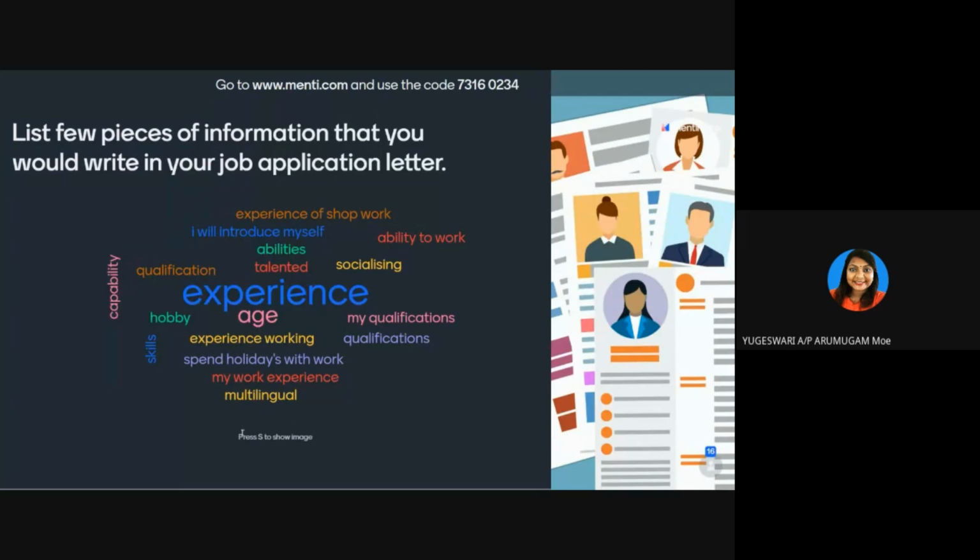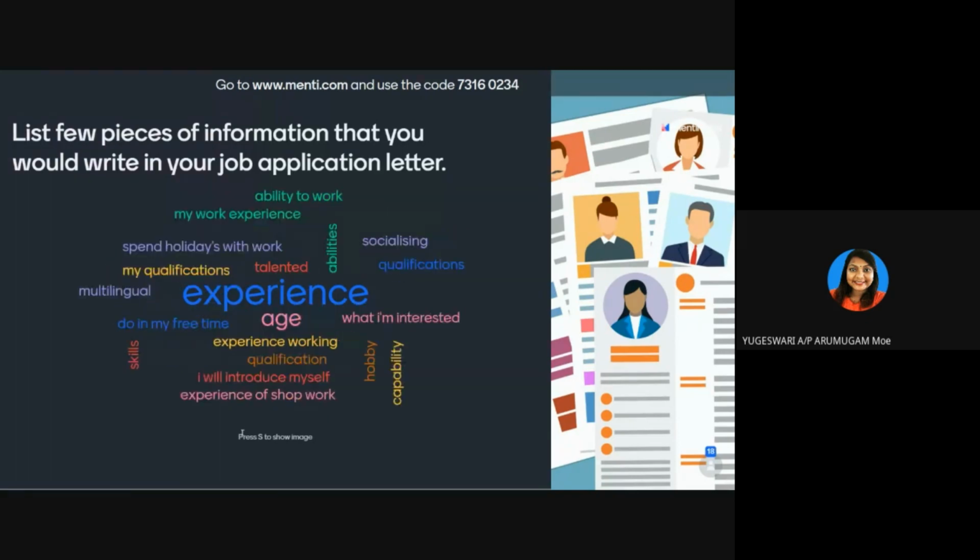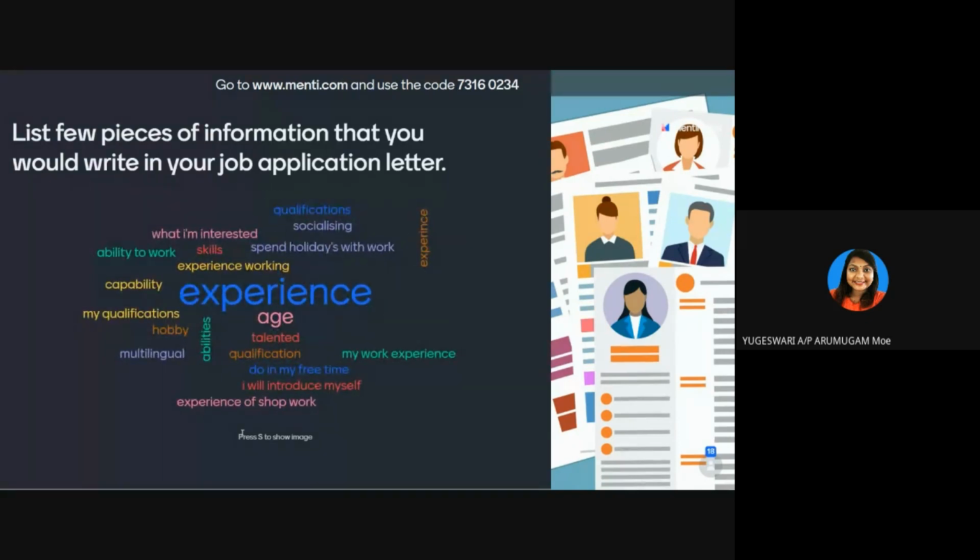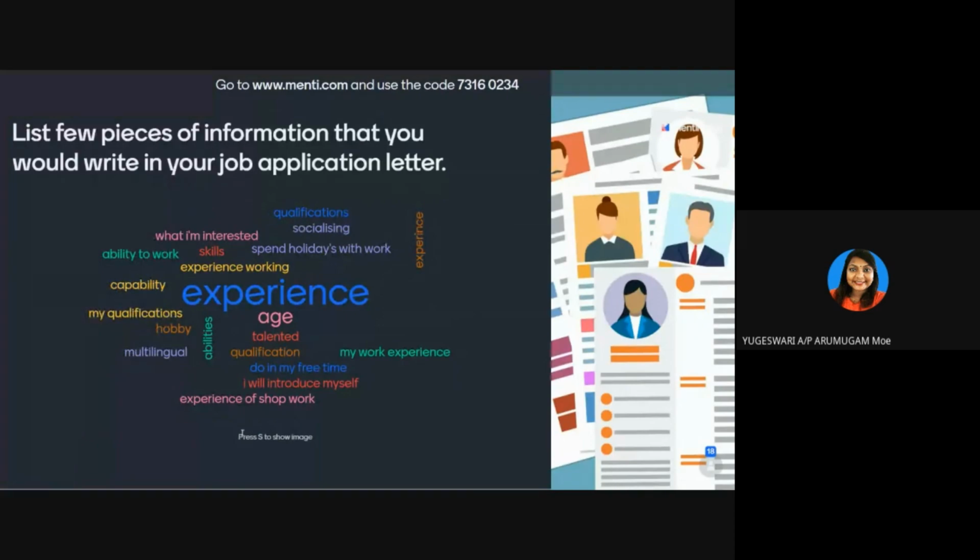Yes, multilingual. Some more? Capability, experience. Come on, share. Those who just entered the Google Meet, you can click on the link and also share your responses.